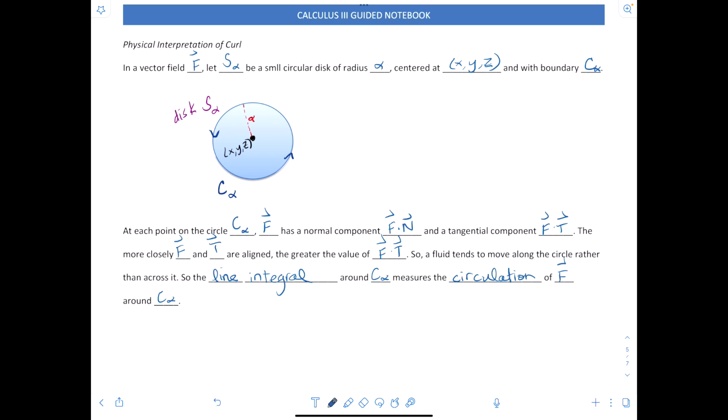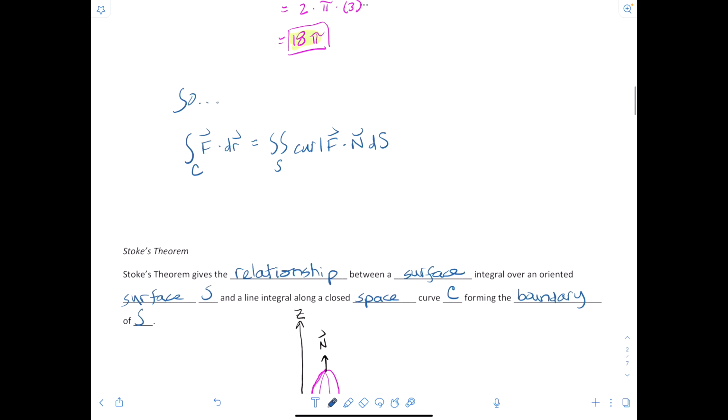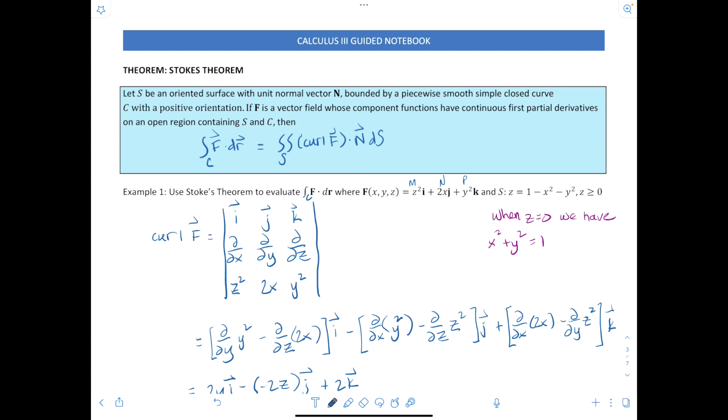You might have been noticing that with Stokes' theorem, the idea behind it is basically a 3D generalization of Green's theorem from circulation in a planar region to circulation along a surface. And the cool thing here is that the surface itself doesn't have to be oriented upright. It can be any orientation, which is very, very cool. If you look here at the official theorem, the only need that we have is that we find that normal vector n, and it's bounded by some piecewise smooth simple closed curve C.